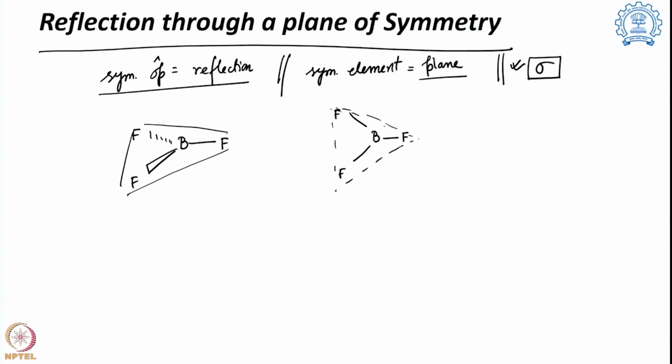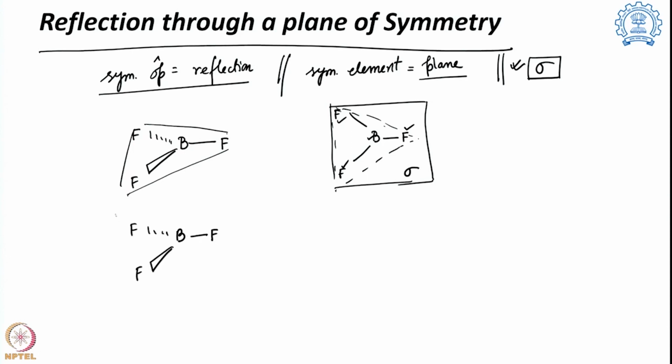It is a plane of reflection, where you put the molecule on the reflection plane itself. So, the fluorine reflects onto itself, boron reflects onto itself, and the same for this fluorine. The reflection is exactly the same as it is, and that is why we call it a plane of reflection. And not only that, we have some other symmetry planes also.